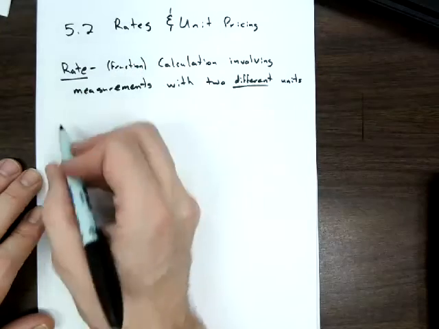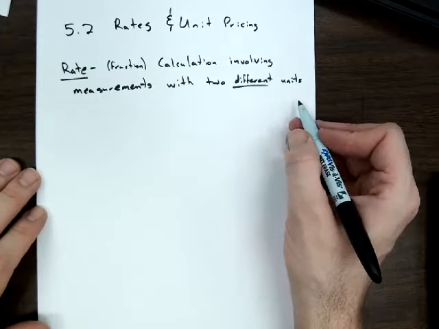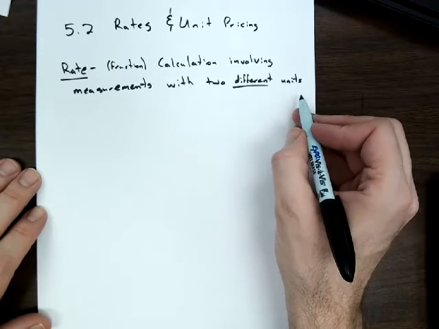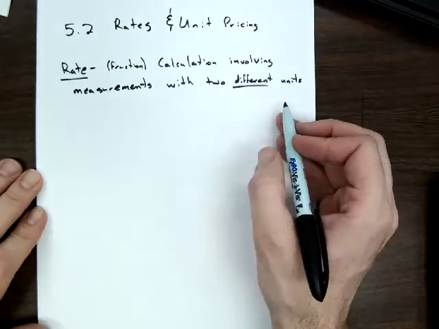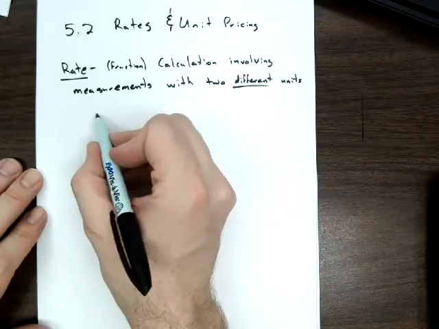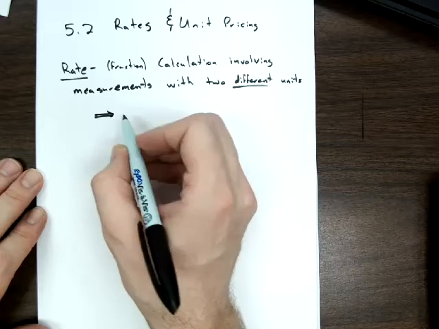And remember when I said that your units will reduce like a fraction? This means that when we have two different units, we're going to need to include both units in our answer.